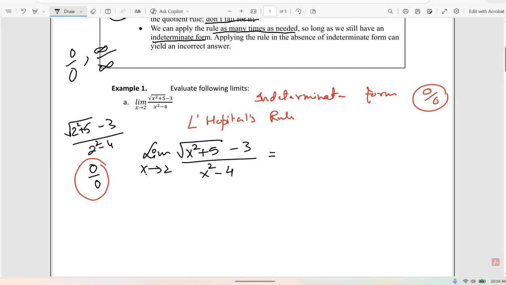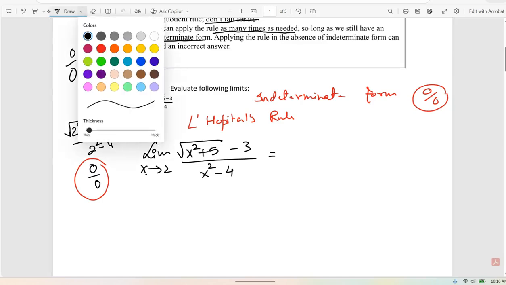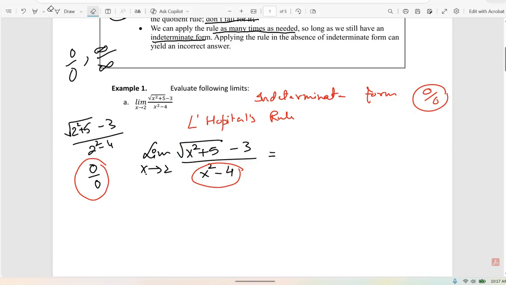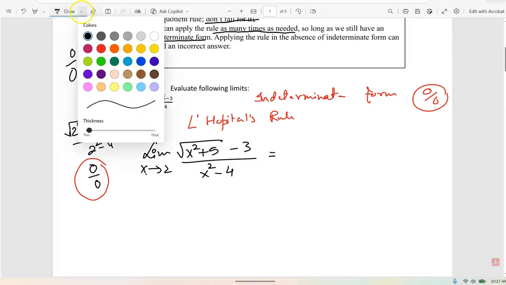But here we are teaching a simpler way, L'Hopital's rule. What we are trying to say is if I differentiate the numerator and differentiate the denominator, then the limit stays the same. So let's show you how it's done.